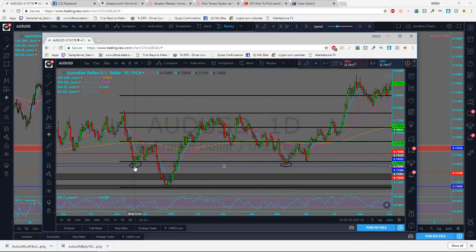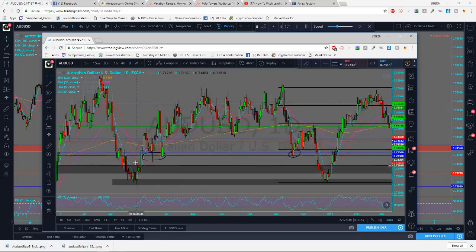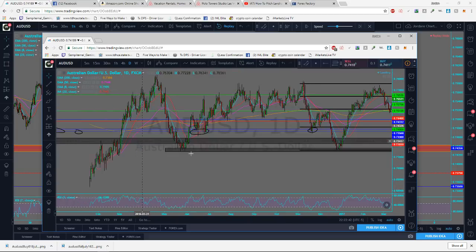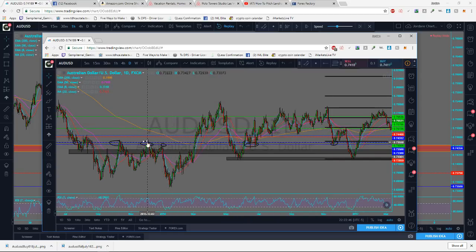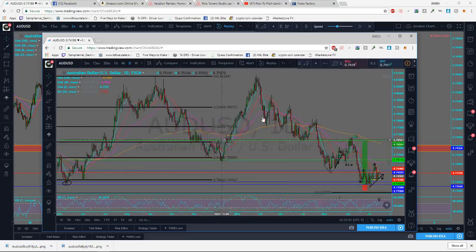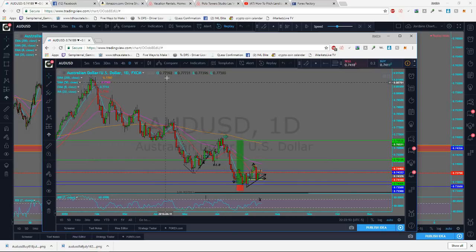We see that price rejected off here again. See that price rejected off here again, right? We see that price rejected off here, but on the opposite side. So there's a good high probable chance that price is going to reject and continue.